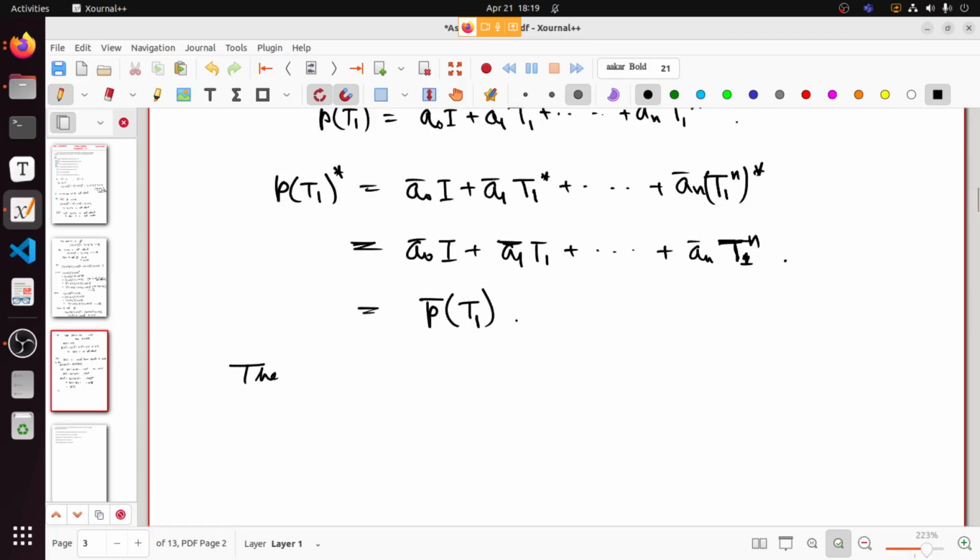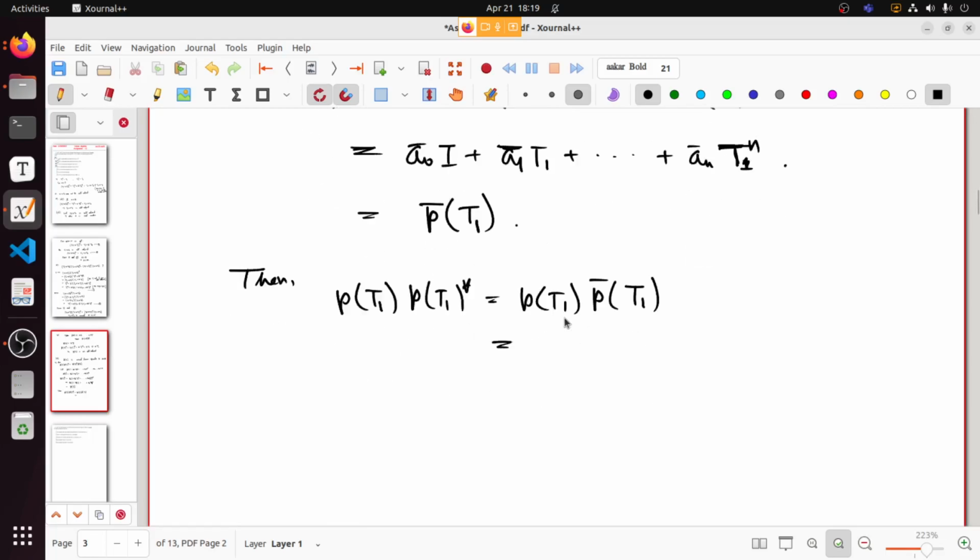Then P(T1) into P(T1) star will be P(T1) into P bar of T1, and since the powers of T1 commute, this is the same as P bar of T1 times P(T1), right?